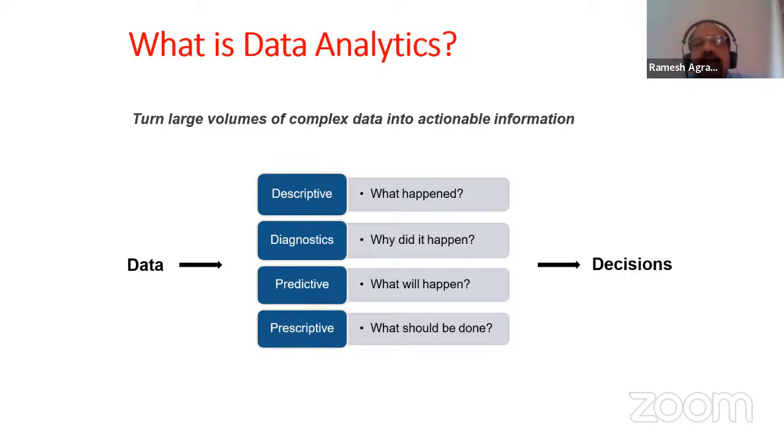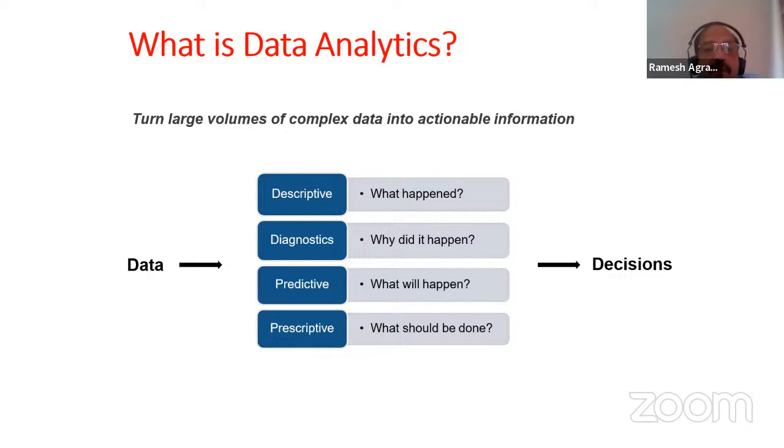Or let's say you have many embedded sensors in your body, and based on some kind of pattern, let's say your heartbeat or pulse rate is higher, it can raise an alarm, or it can send some information to your home doctor, the doctor whom you regularly visit. So you see that from the data, you can do various kinds of things, descriptive, diagnostic, predictive, prescriptive, for taking informed decisions.